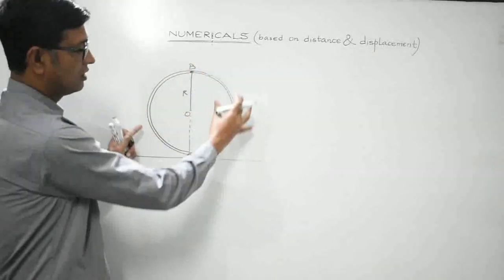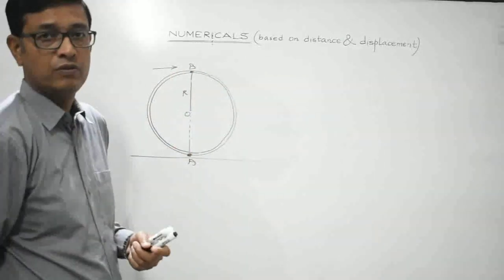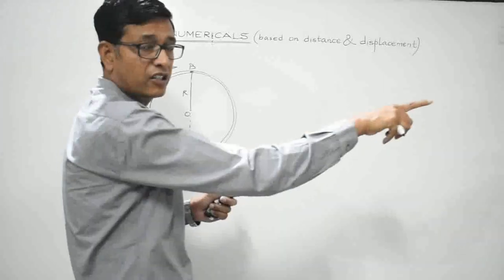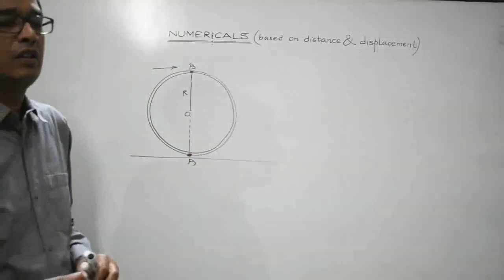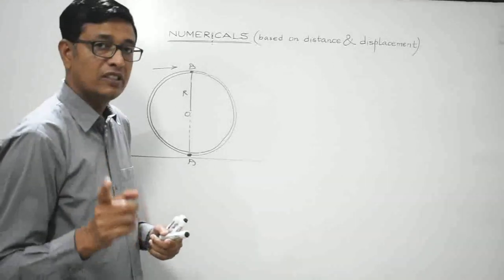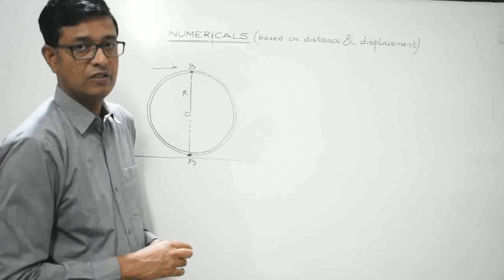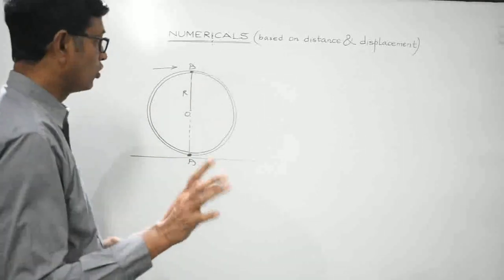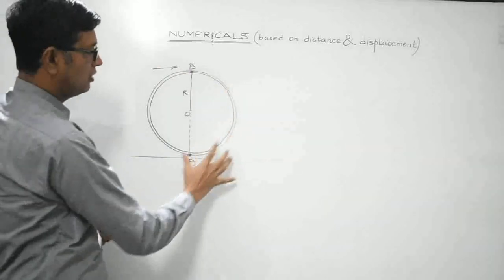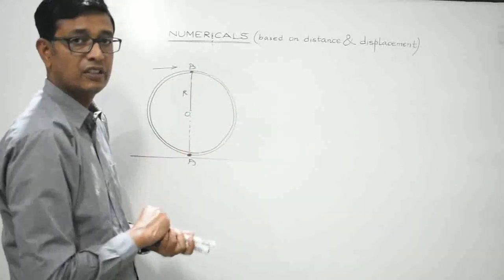It is held stationary. If it is given a small push, it will start moving in the forward direction. So what you are supposed to do is find out the displacement of this point after half the revolution. So my question is, this is a ring of radius r lying at rest on a horizontal surface.